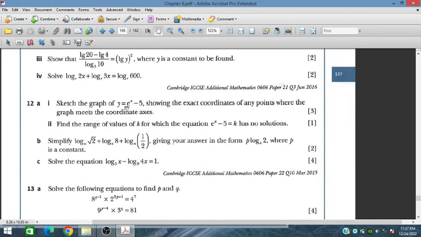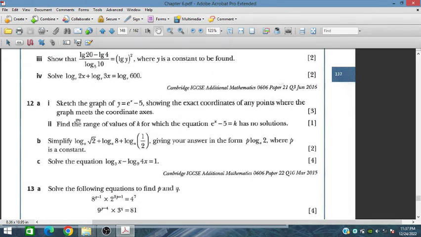Sketch the graph of y is equal to e power x minus 5, showing the exact coordinates of any point where the graph meets the coordinate axis. Find the range of values of k for which the equation e power x minus 5 is equal to k has no solution. So if we take y is equal to k, we have to find the range of k for which the equation does not give any solution.